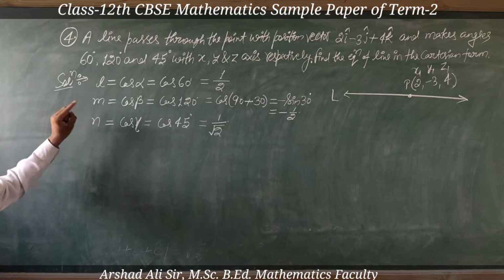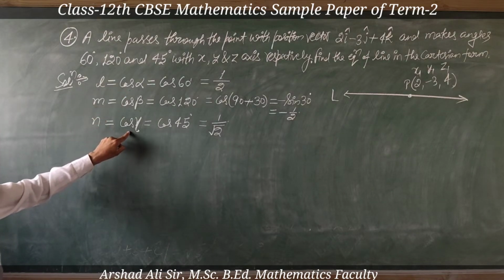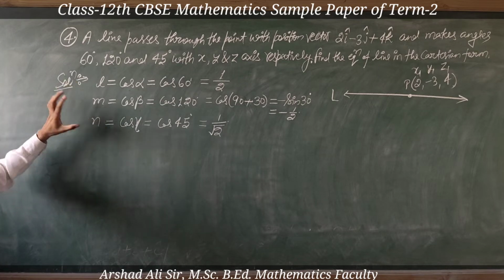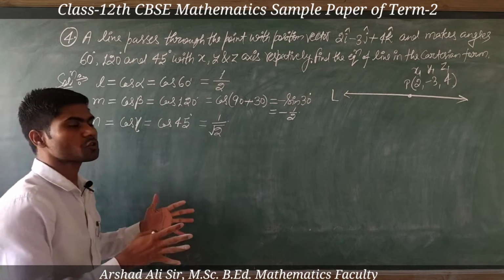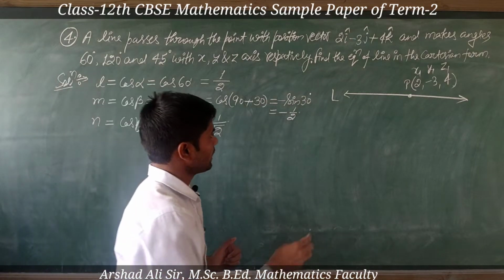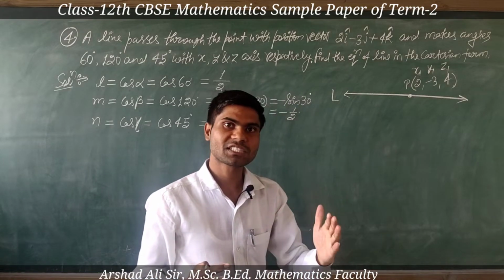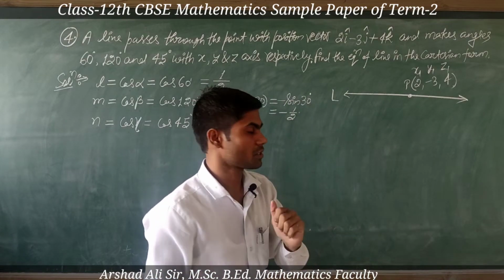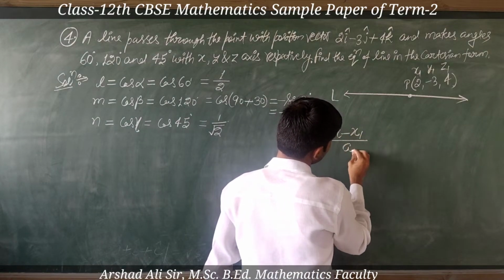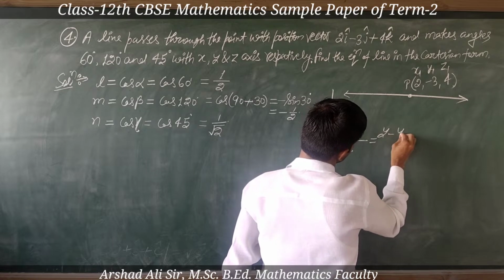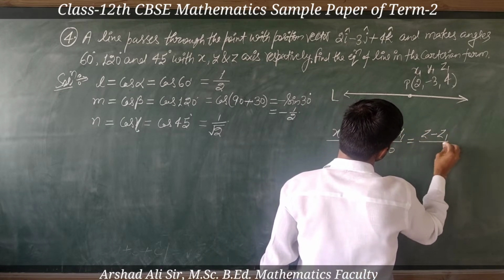Okay, we have written here l is equal to cos alpha, m is equal to cos beta and n is equal to cos gamma. l, m, n, these are the direction cosines. Okay, and direction cosines are proportional to the direction ratios. And what is the equation of a line passing through any point P, x1, y1, z1 with the direction ratios? It is (x minus x1) upon a, (y minus y1) upon b and (z minus z1) upon c.